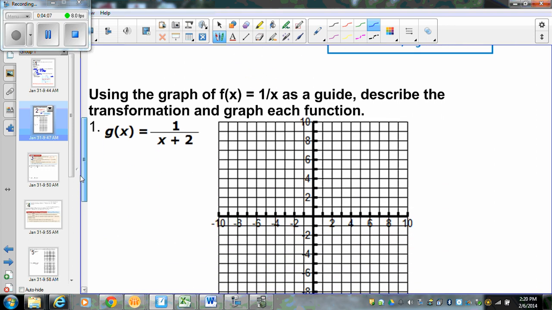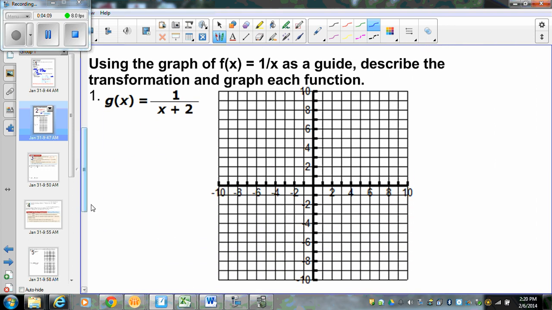So using that information, and using f of x equals 1 over x as a guide, we want to describe what the transformations would be to 1 over x in order to achieve this g of x function. For number 1 here, we have g of x equals 1 over x plus 2. If you compare this to f of x, the only new addition is this plus 2 in the denominator.